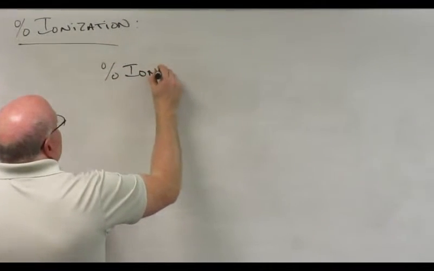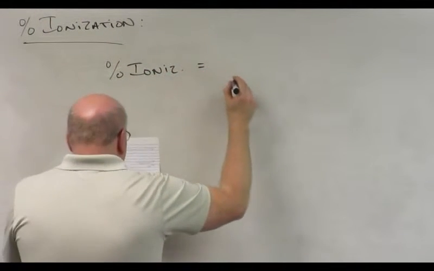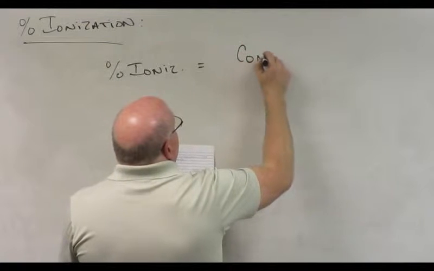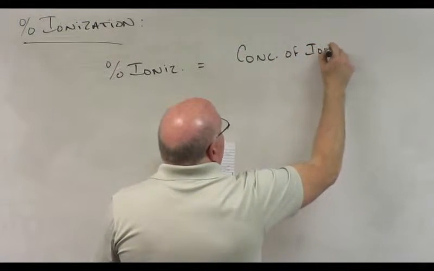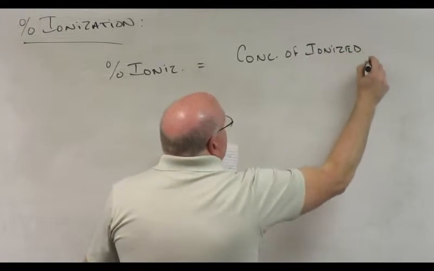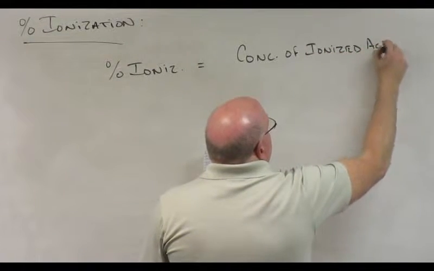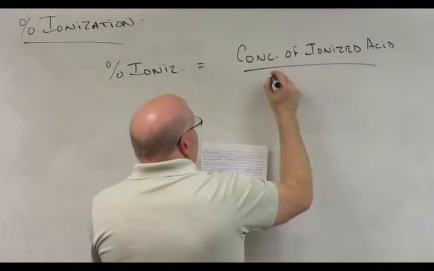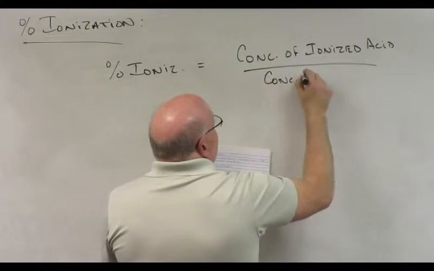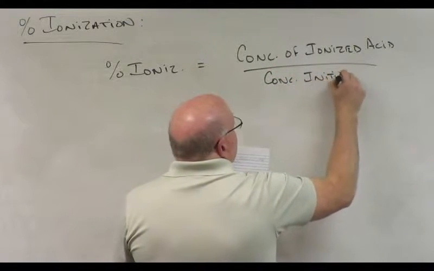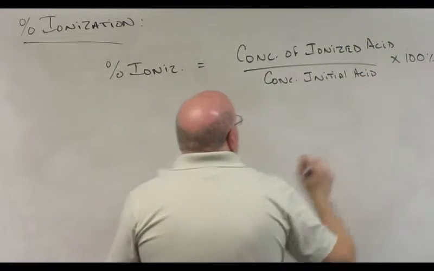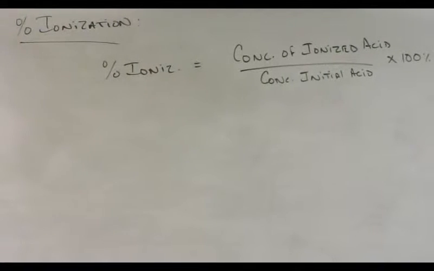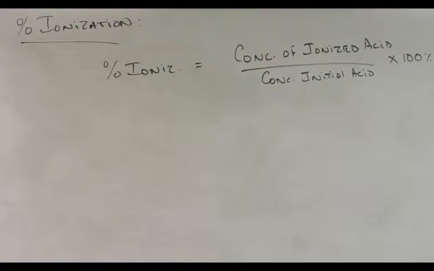Percent ionization equals the concentration of the ionized acid over the concentration of the initial acid, times 100%. It's just like doing the 5% rule, but really what you're doing now is doing it with the answer that you just got.